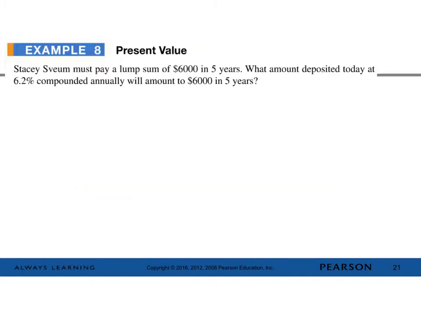So our example from the textbook says that Tracy has to pay a lump sum of $6,000 in 5 years. So this is your future value.